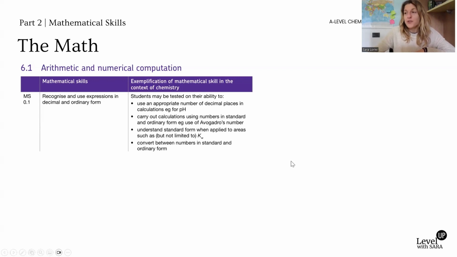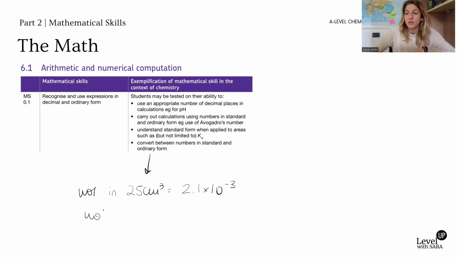Okay, conversion between numbers in standard and ordinary forms, well, of course, it's extremely important, and I would suggest you stick to one method in your paper. This is very common, for example, when you have titration calculations and you have the moles in 25 centimeters cubed, the moles give you, for example, 2.1 times 10 to the minus 3.